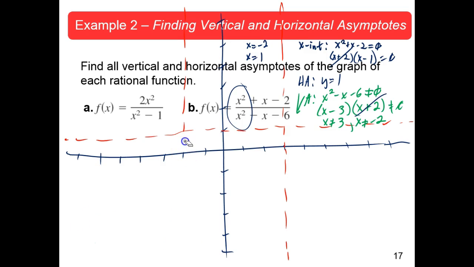Most of the time they don't do that to you, but they did this time. Let me make sure I copied the problem right. Yep, I did. So that eliminates that vertical asymptote. Still, x can't be negative 2. You still have to keep hold of that, but that's not going to give you a vertical asymptote.